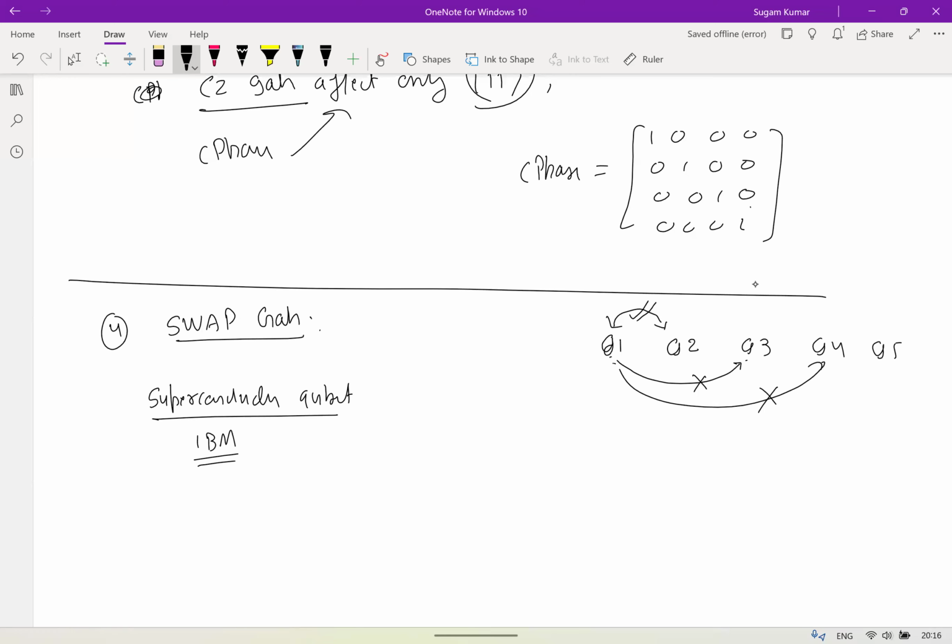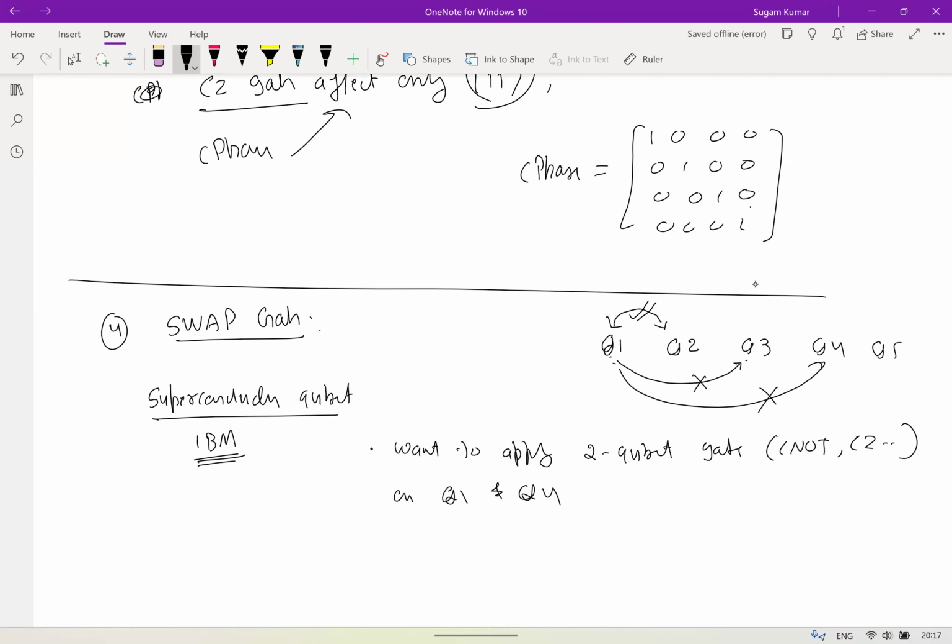Let us say the goal is to apply some 2-qubit gate, maybe a CNOT gate, maybe a CZ gate, on Q1 and Q4.